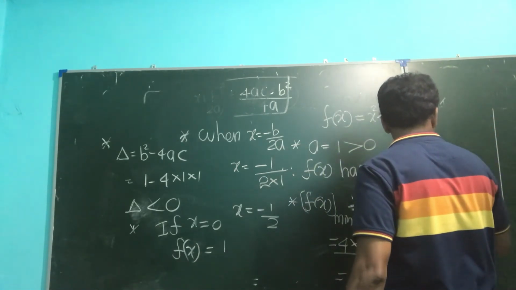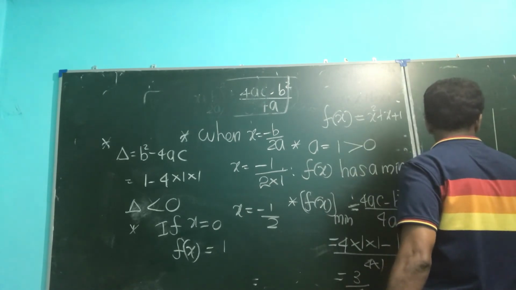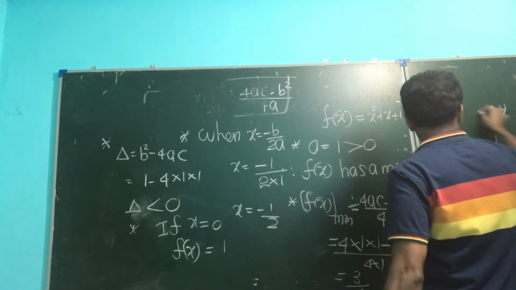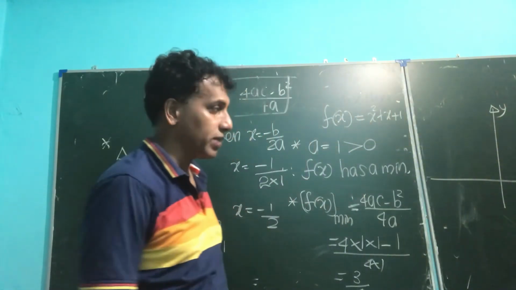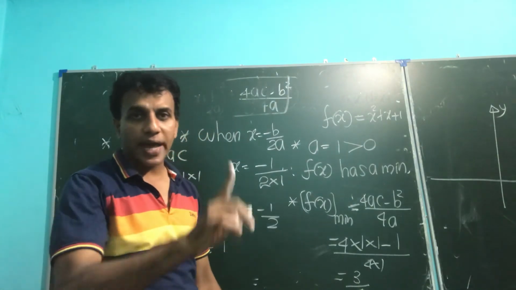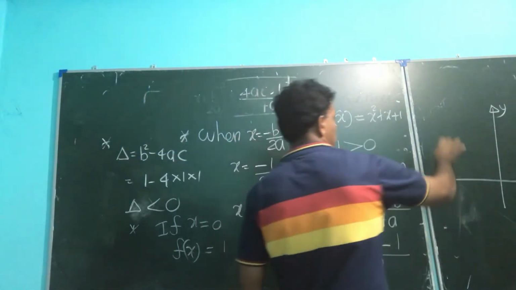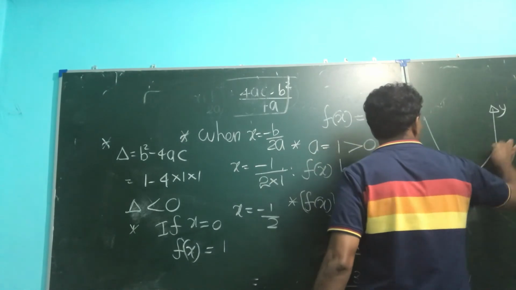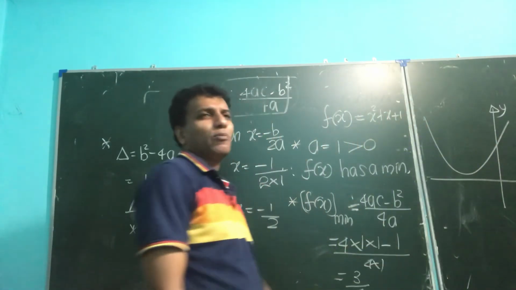The minimum takes place at x equals minus half, isn't it? The symmetric axis is minus half. It never cuts the x-axis. Therefore, something like this. Okay, roughly draw, no problem, rough test.